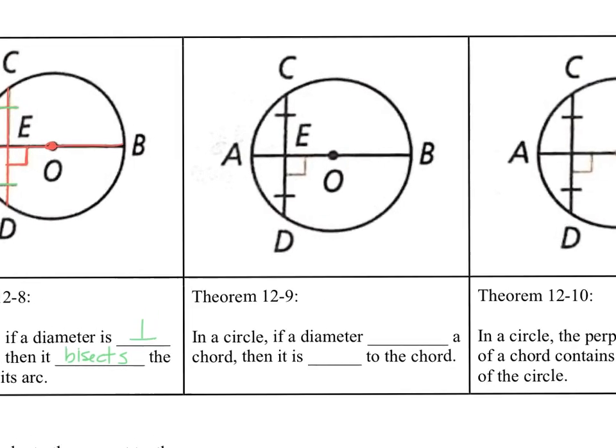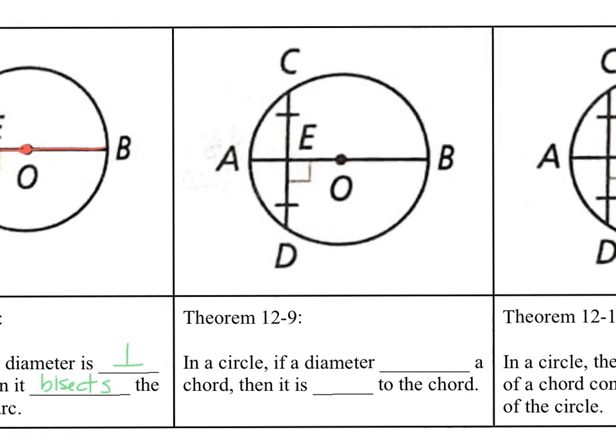Second one, Theorem 12.9. This one says, in a circle, if a diameter bisects a chord, then it is perpendicular to the chord. Okay, so now they're telling us it is a diameter, so we know it goes through the center, and it is bisecting the chord.